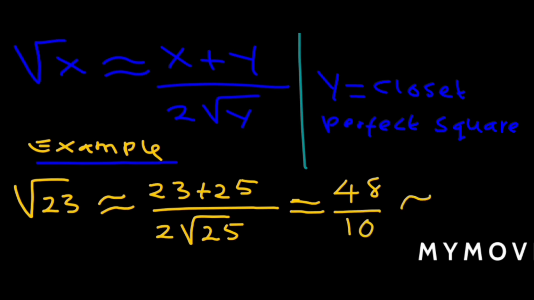This is our y. So 23 plus 25 is equal to 48, over the square root of 25 which is 5, times 2, 10. That is approximately equal to 4.8. So 4.8 is the approximate square root of 23.